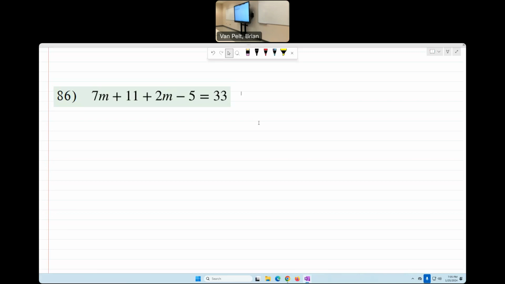Right? Combine like terms, rewrite this equation, let's see what you got.